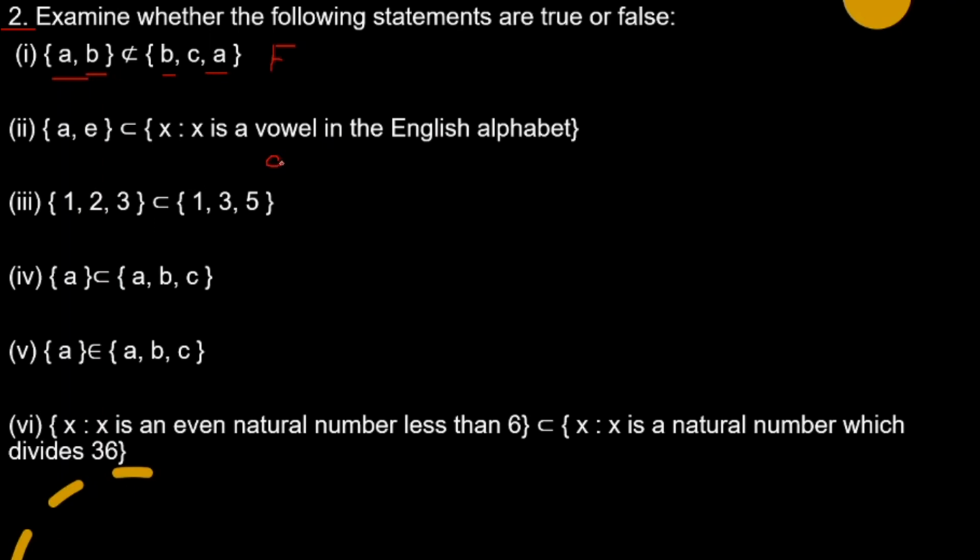So A, E, I, O, U. A belongs to this set, E belongs to this set. So subset, true. Fine. I hope this is an easier one, right?